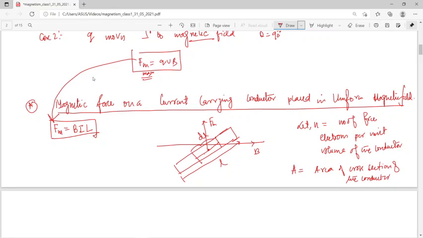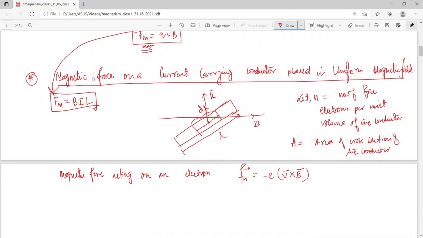So what do we know, if we want to consider the magnetic force that is acting on an electron, that means only one electron, and if we consider this Fm, that is nothing but electron charge times V cross B, because we know magnetic force is nothing but Q V cross B. That is the magnetic force acting on an electron.